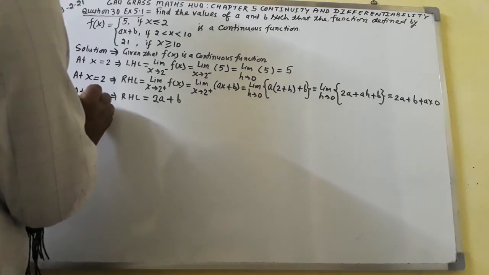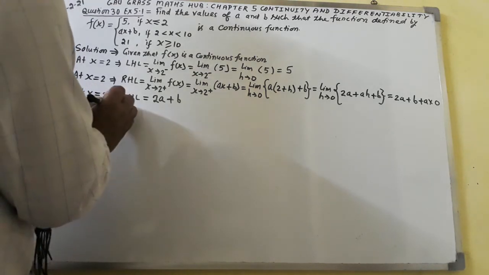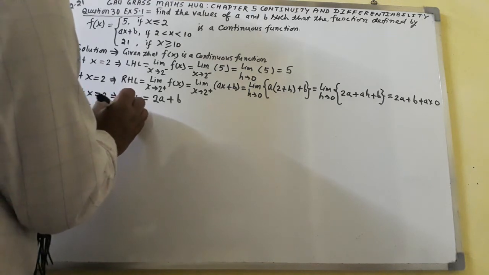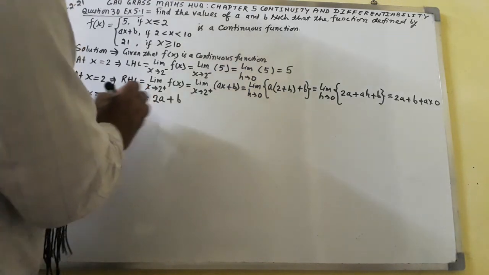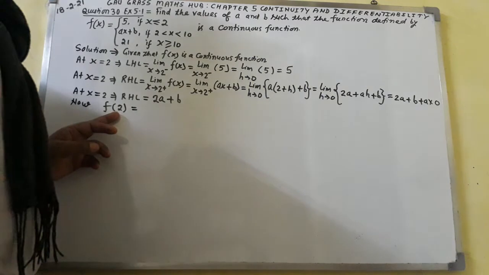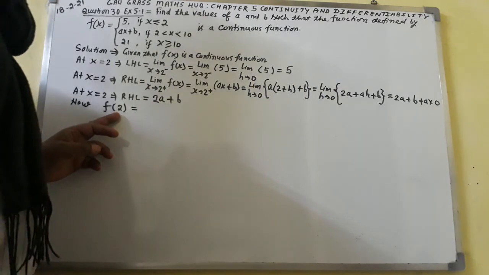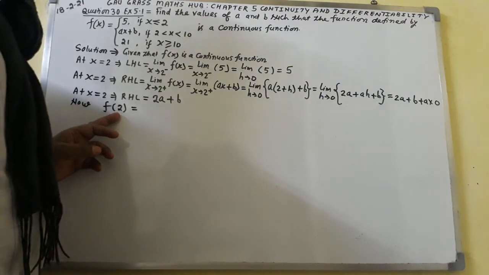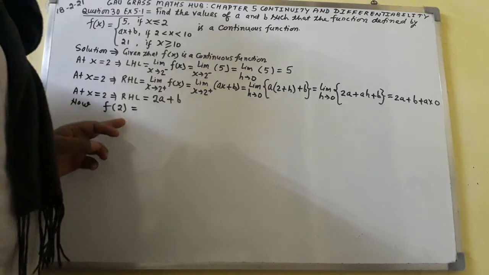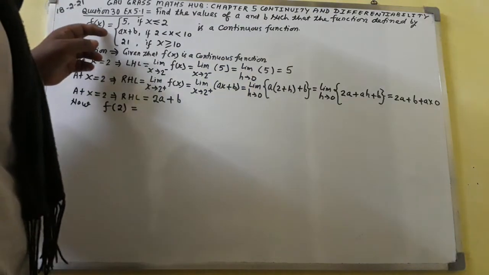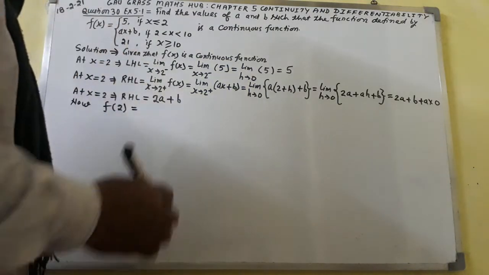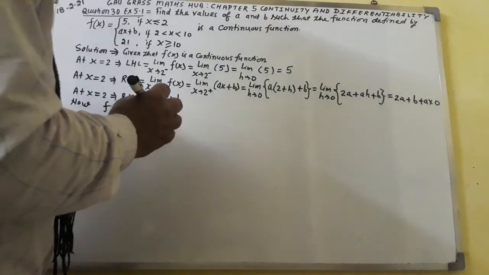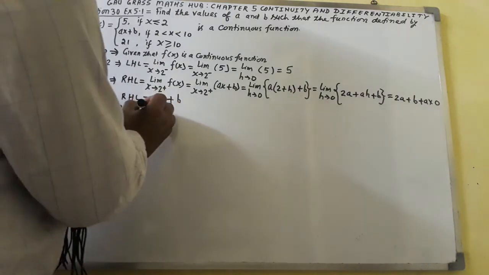Now f of 2: find the function where x is equal to 2. Here you can see f of x equal to 5, so I shall write 5.